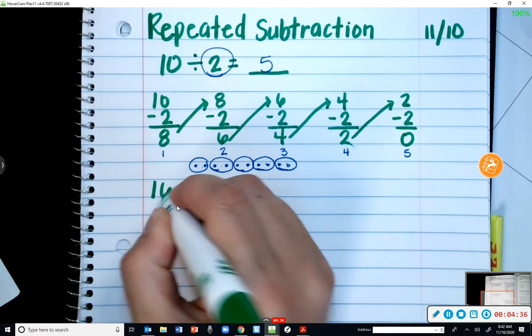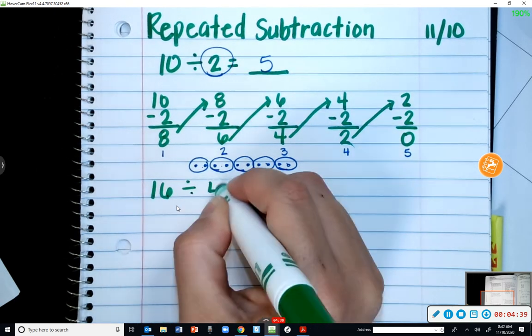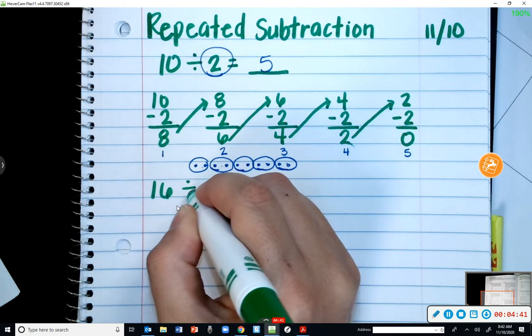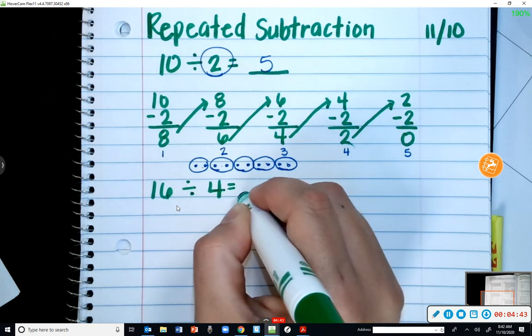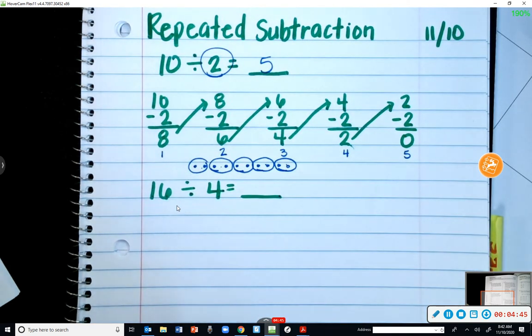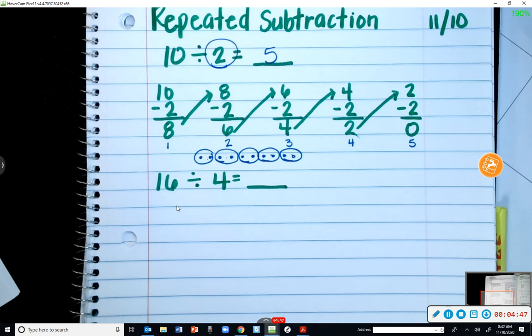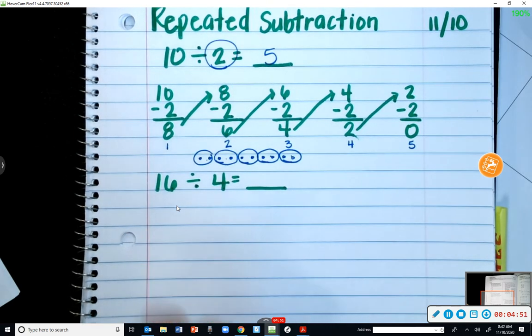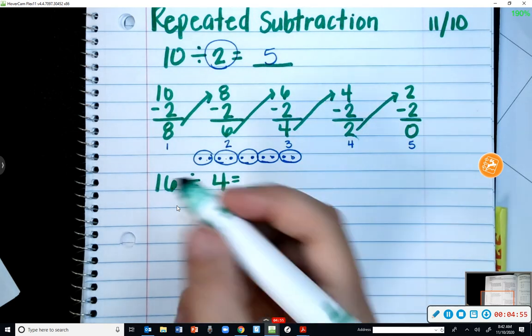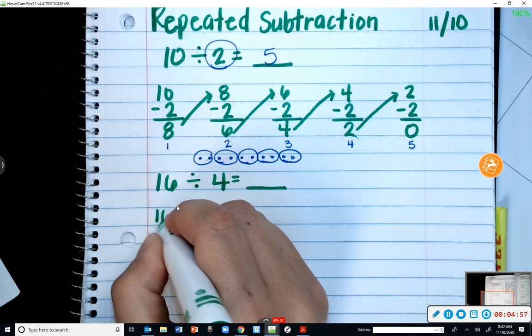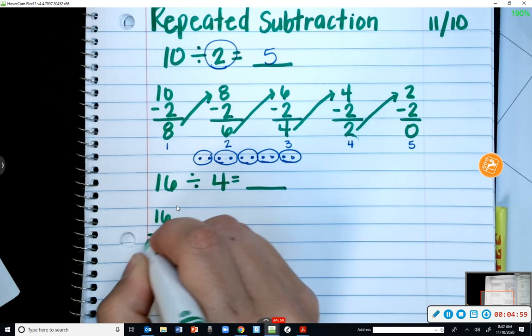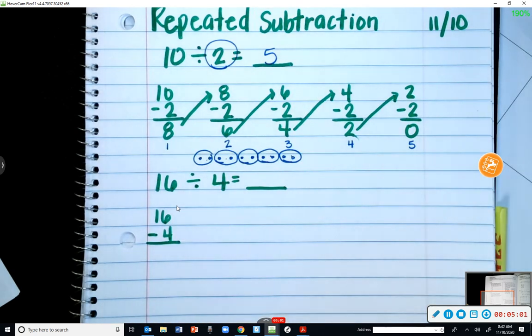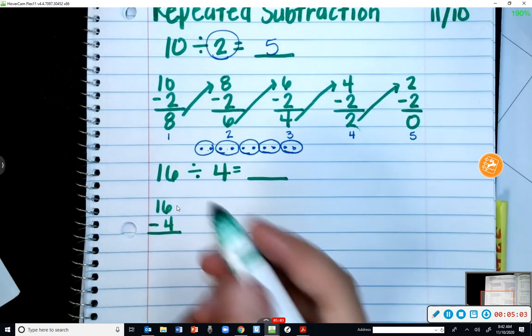16 divided by 4. Okay, so I'm going to start with what? What would my first subtraction problem be right here? 16 minus 4. 16 minus 4 is 12.